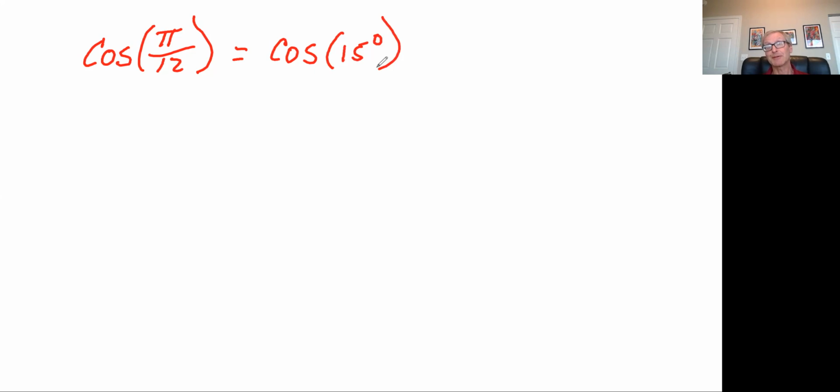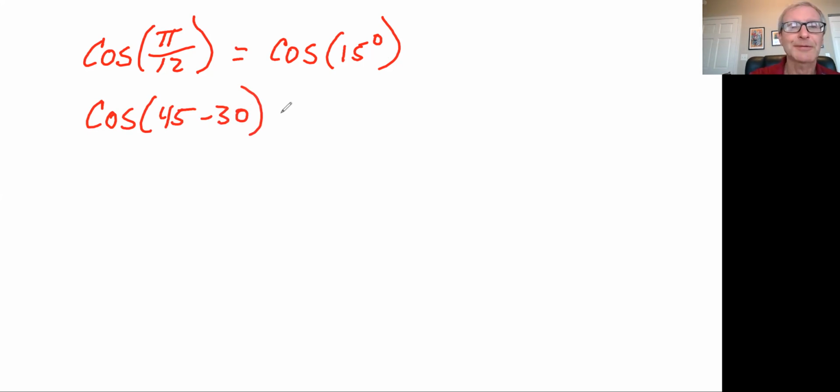So you see that you can't do the addition part now because the smallest angle we have is 0 and then 30. So if you think about it, what two angles, if we subtract, will give us 15? And so in this case, it would be cosine of 45 minus 30. See how that works?